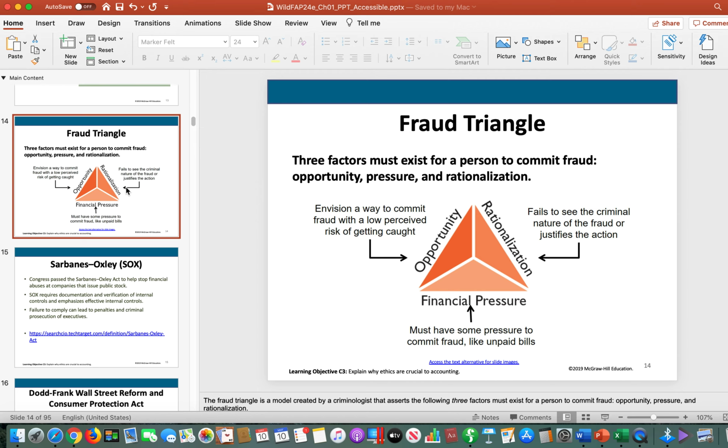And what you see here is called the fraud triangle. Obviously, it states here that these three things must exist for a person to commit fraud: opportunity, rationalization, and financial pressure.